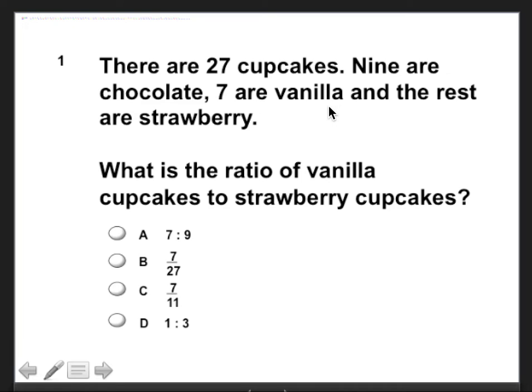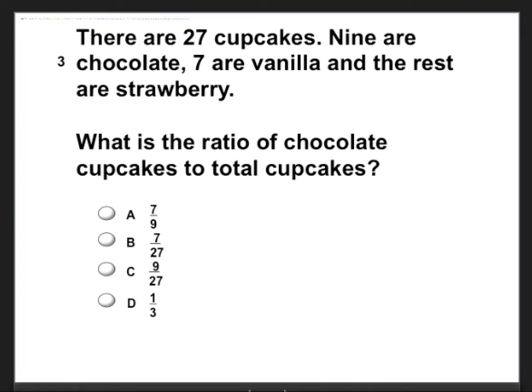How many strawberry cupcakes are there? Well, I know there are 27 cupcakes. I know 9 are chocolate, so if I take 27 minus 9, that gives me 18. I know there are another 7 that are vanilla, so if I take 18 minus 7, that gives me 11. That means there are 11 strawberries. So my ratio of vanilla is 7 to 11, which is C.